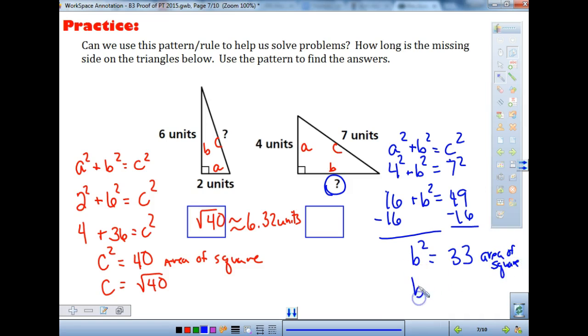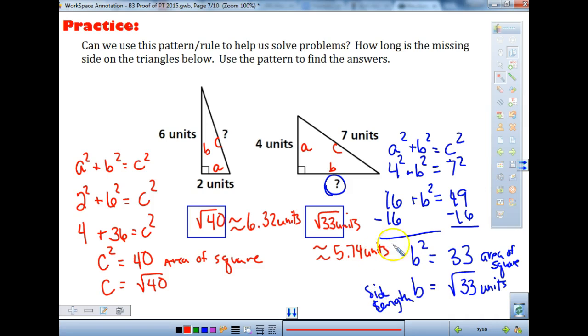What is the side length? That's what B is. B is the side length. The side length equals square root 33 units. So up here when we write our answer, we're going to put the square root of 33 units, which is approximately, in this case, between 5 and 6, 5.74 units.